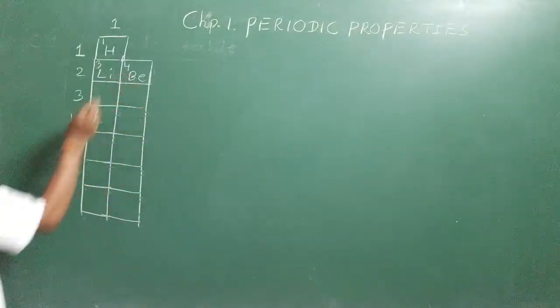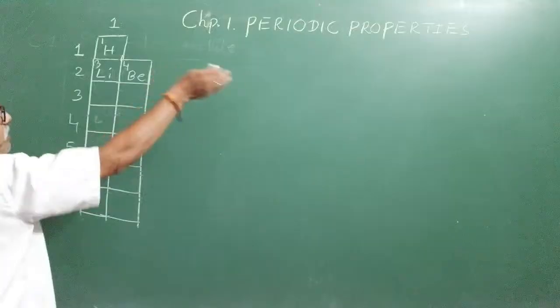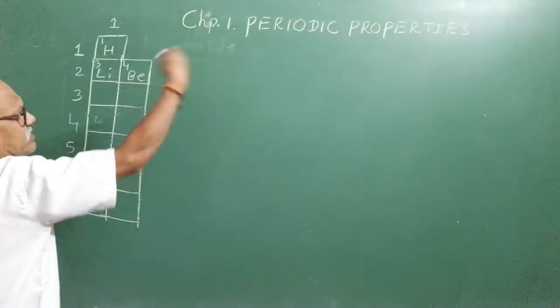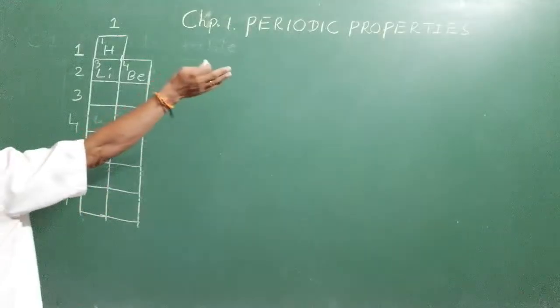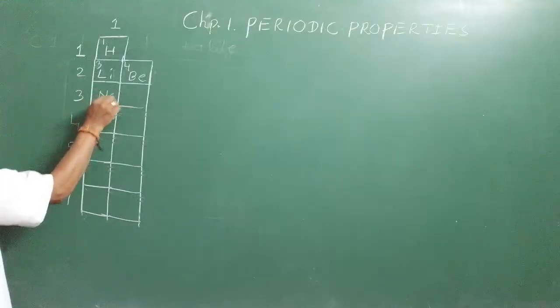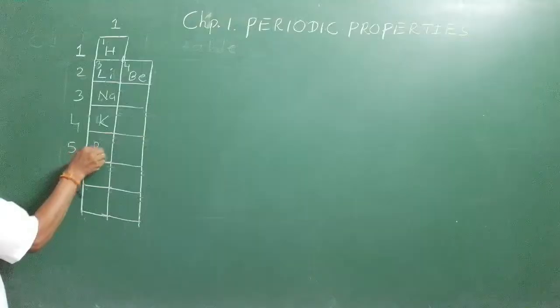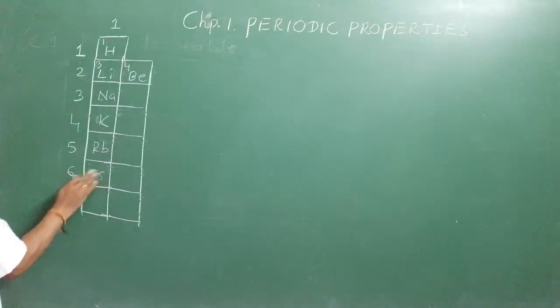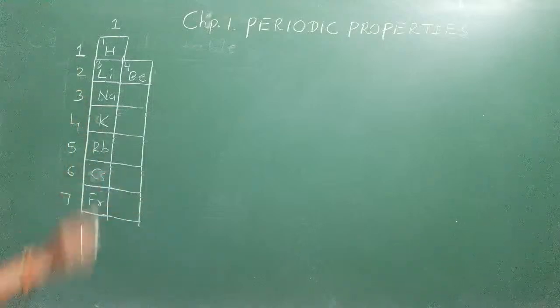The element with atomic number 5 goes to the extreme right, so there is a sudden jump here. I will tell you why that jump occurs. Below lithium there is sodium. In the first group you have sodium, potassium, rubidium, cesium and francium.